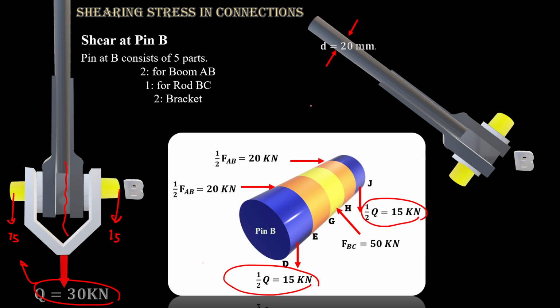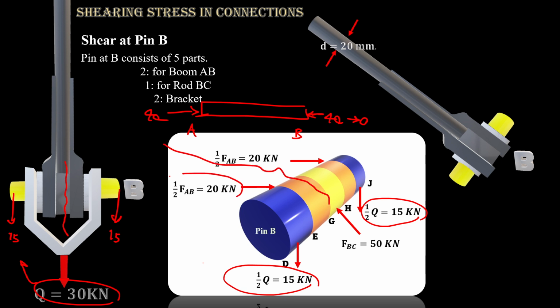If you remember, boom AB was under a 40 compression force, so the same force is applied to the pin. Putting it symmetrically, half of that applies here and the other half of the force applies at the other side.